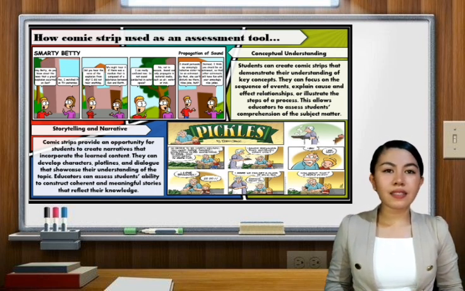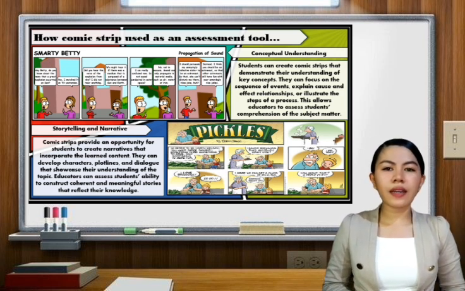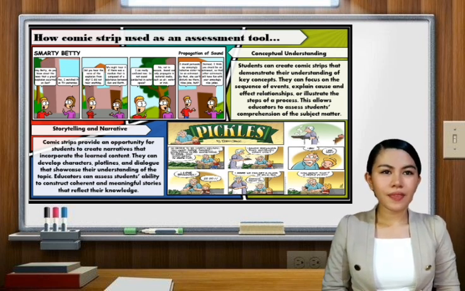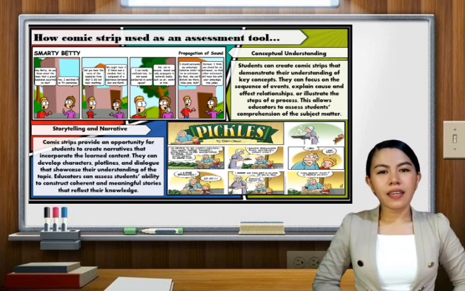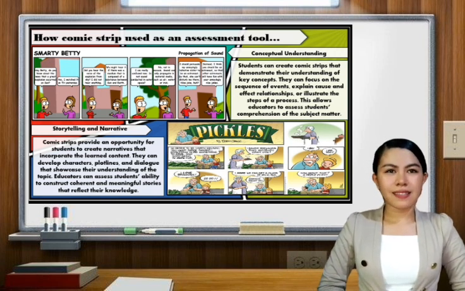Educators can assess students' ability to construct coherent and meaningful stories that reflect their knowledge. One example of that is the comic strip entitled The Pickles.